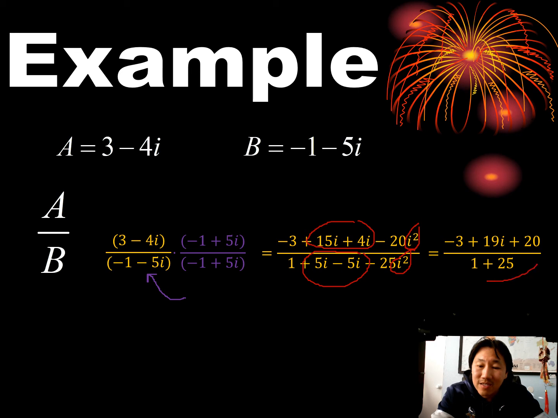And then again, notice there are no more imaginary numbers in the denominator, and it is because of this step. Okay, simplify a little bit, and our final answer is 17 plus 19i all over 26. All right, that is all we have for today. Go ahead and try the homework.